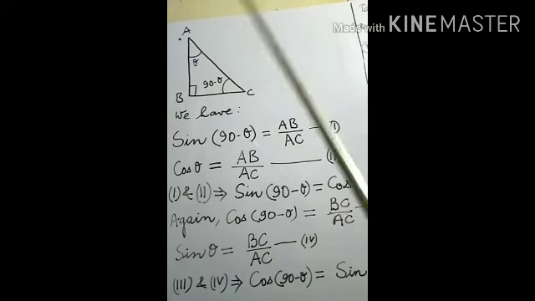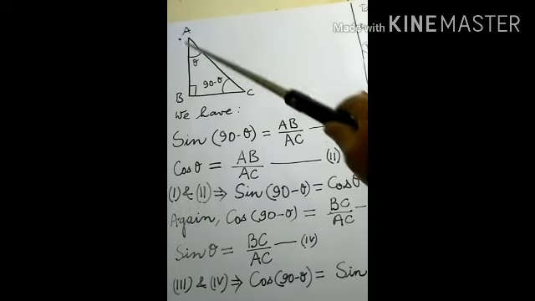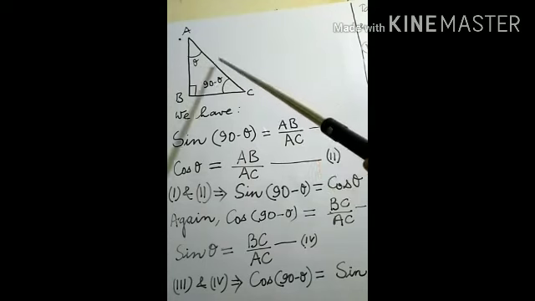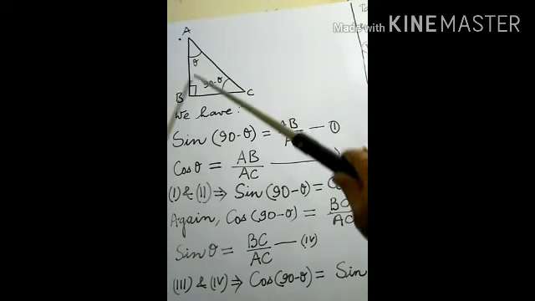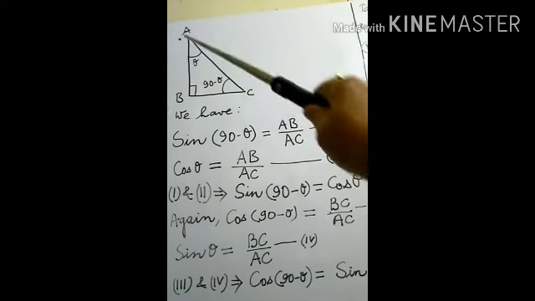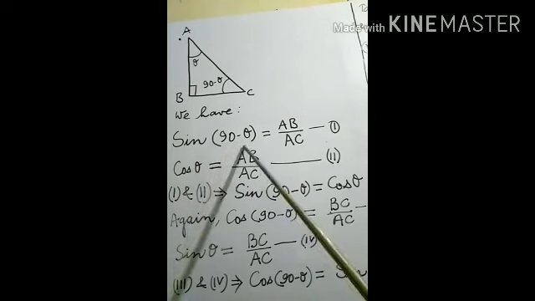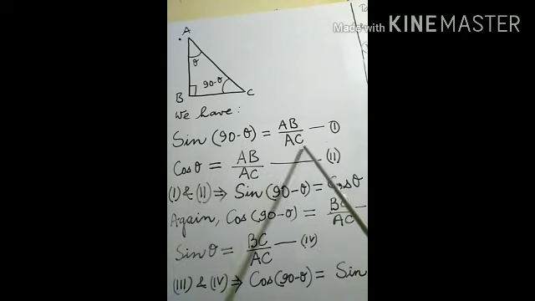So sine 90 minus theta, and sine is the relation between perpendicular and hypo. Perpendicular means AB and hypo is AC. It means it is the relation of perpendicular to hypo. So sine 90 minus theta equals AB upon AC. This is equation number 1.